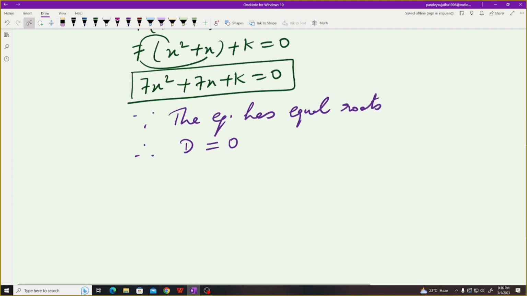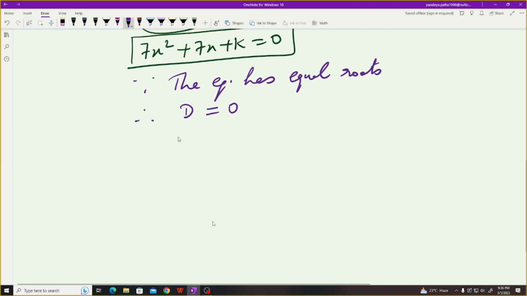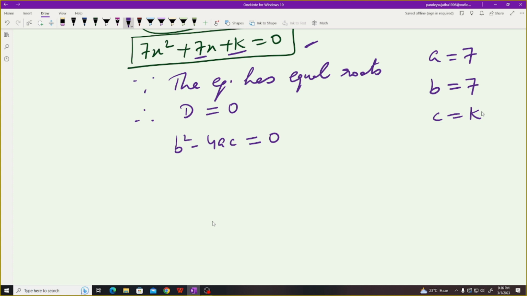So we all know that D is equal to b square minus 4ac, and that should be equal to 0. In this equation we observe that a is equal to 7, b is the coefficient of x, that is 7, and c is the constant, that is k. So replace the values in this equation.